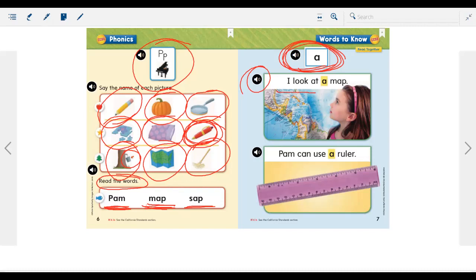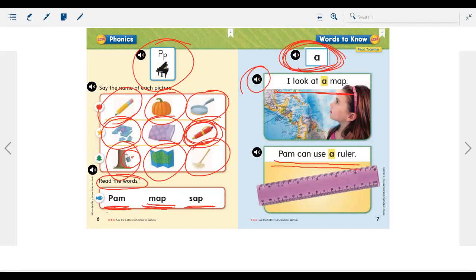I look at a map. Let's read it again. I look at a map. Pam can use a ruler. Read it again. Pam can use a ruler.